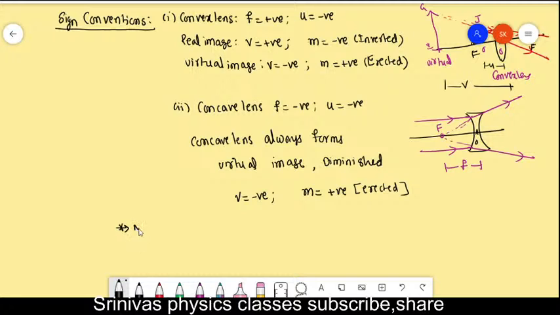One important point is that while applying the lens formula, don't apply the sign convention rules for the unknown value. I already said this.